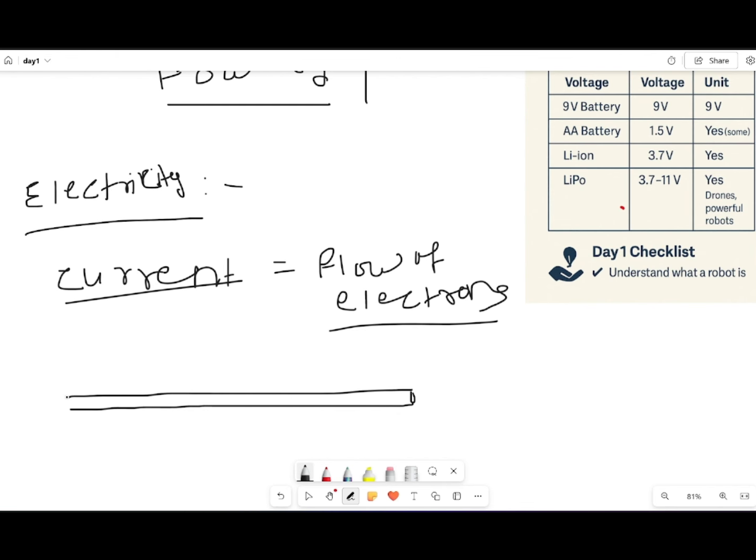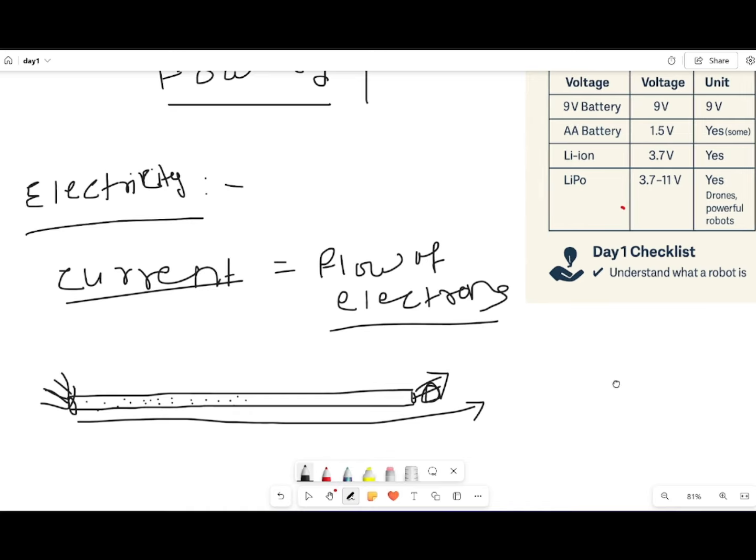Let's suppose this is a material which is a conductor. Everyone knows there are free electrons which can move. When we provide extra electricity on this terminal, we can get the electricity on this terminal also. Clear? This is what is happening inside the current. Current is the flow of electrons. Clear?